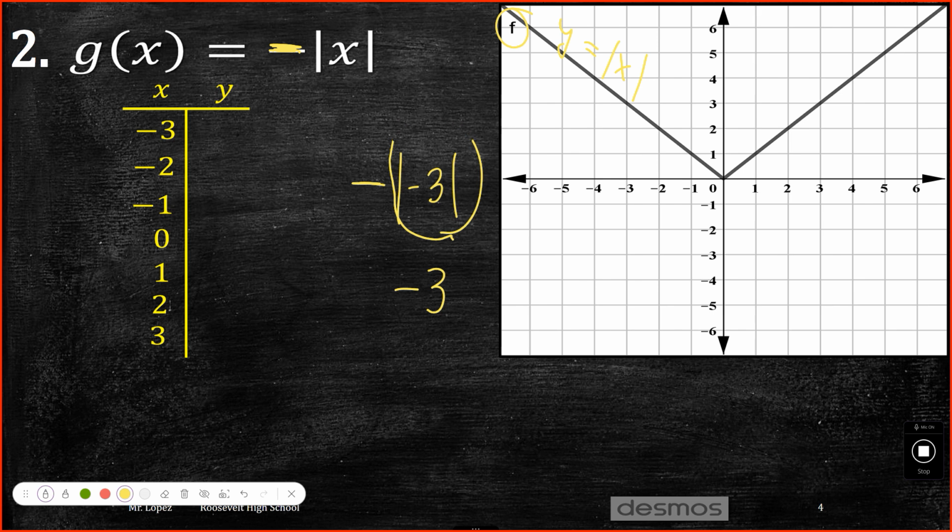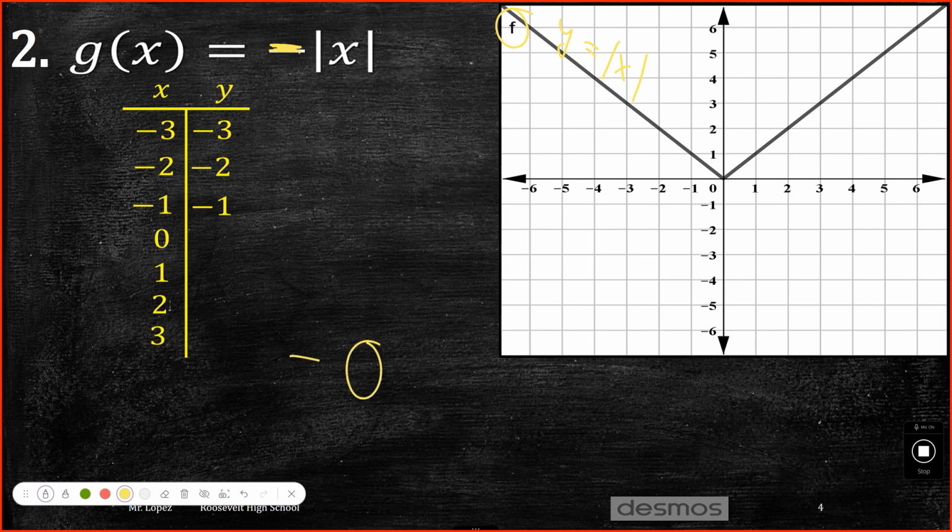That's the key to understanding this. So all of them are going to be negatives. So that's going to be a -3, that's going to be a -2, -1. Well, except the 0. Absolute value of 0 is 0. There's no such thing as a -0. That's just 0.